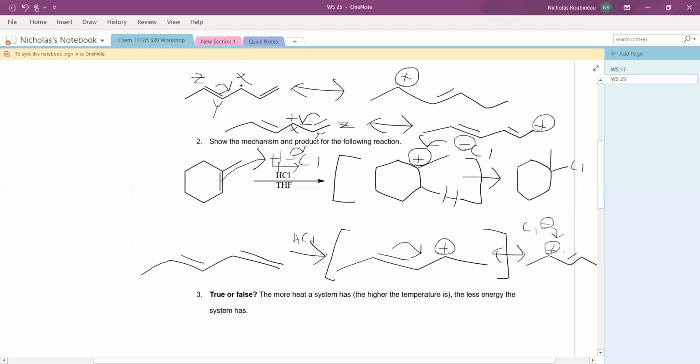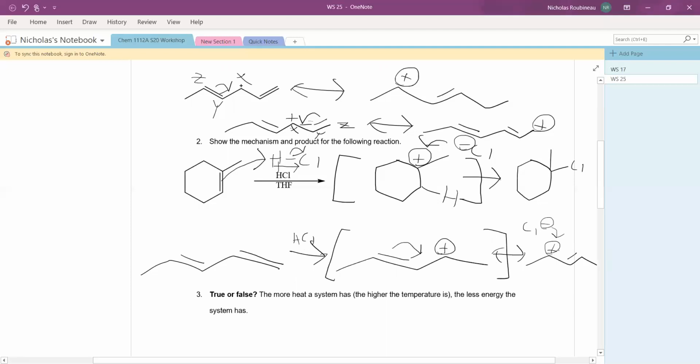So you've shifted the position that gets attacked by the chlorine when you have these two double bonds right next to each other and you react it with HCl. And I know I'm getting into your next lecture, but I connected it with these first two questions. So hopefully this seems pretty clear right now.